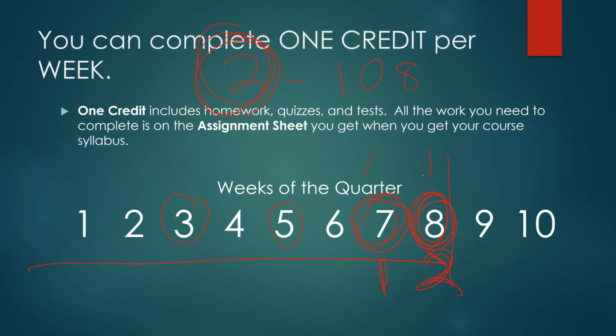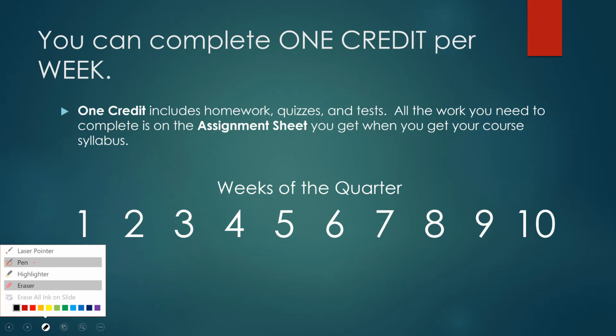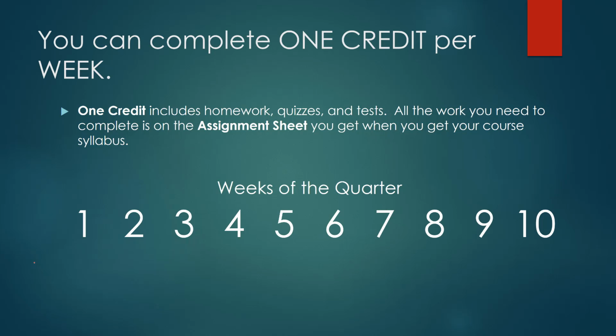Let's go over another quick example. In this example, you are adding 5 credits, and let's just say that it's not summer quarter but fall quarter, so we have a full 10 weeks. If you are adding 5 credits and you procrastinate and wait all the way until week 10, according to the rules, you'll only be able to complete 1 credit because of the 1 credit per week rule.